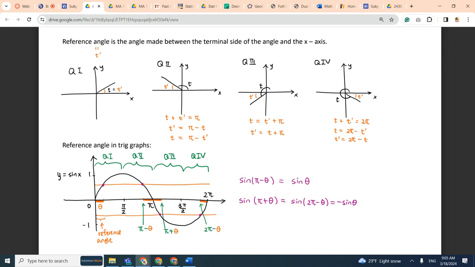Now, where is the reference angle? Okay, the reference angle is in the first quadrant. It's the angle made with the terminal side and the x-axis. So let's say this part, theta, is the reference angle. If this is theta, do you look at the corresponding y values? You draw it.